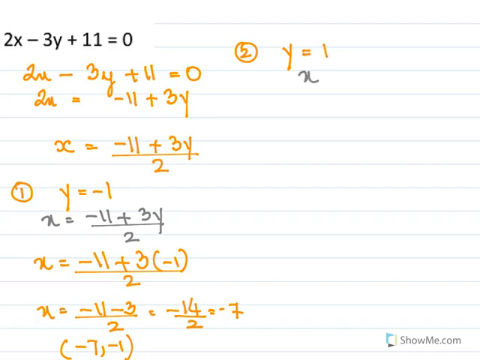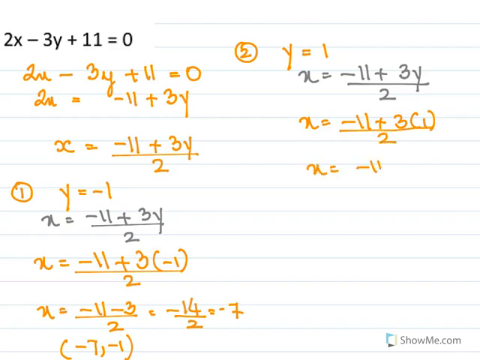Here is our equation, x = (-11 + 3y)/2. Wherever there is y, we will put 1. So x = (-11 + 3)/2, and that would be -8/2. So x = -4. So x is -4, y is 1.